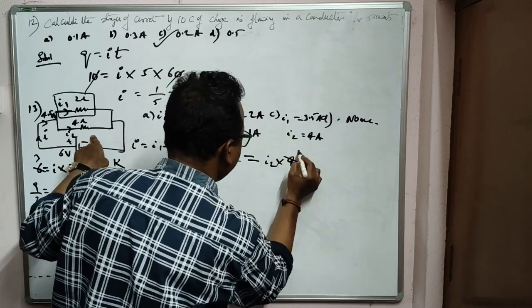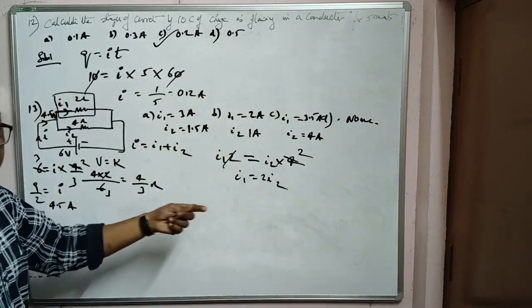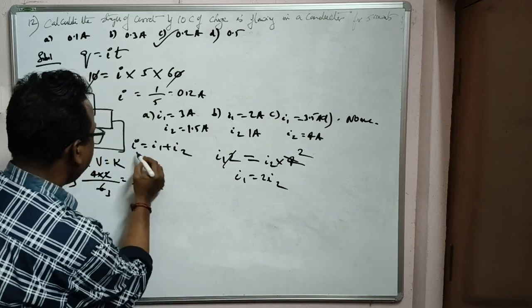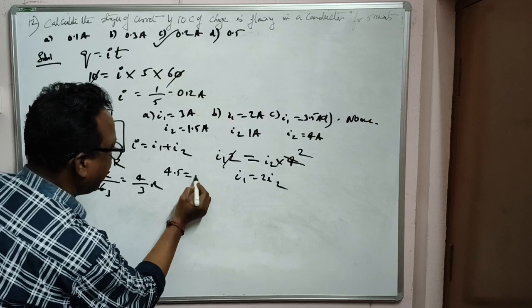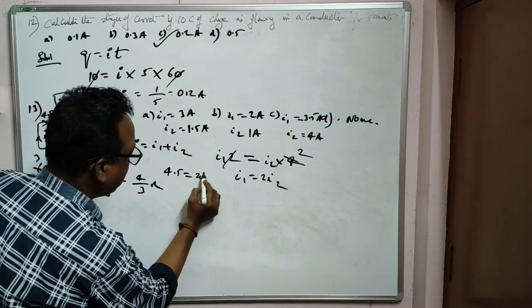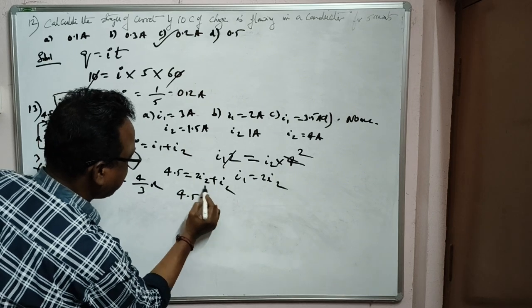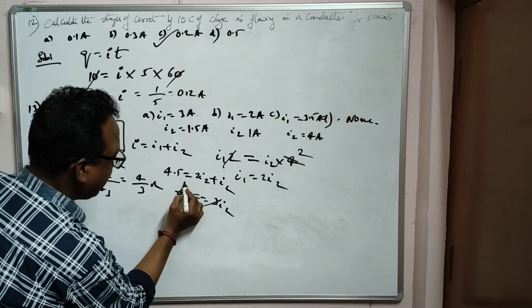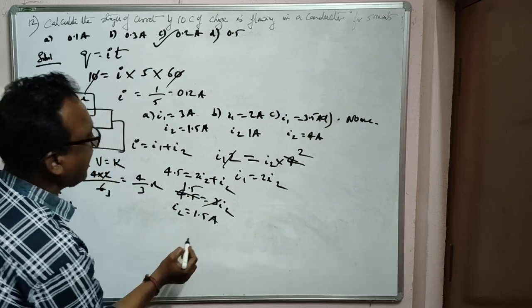So I1 is equal to 2 I2. But I is I1 plus I2, and our total current is 4.5. So 4.5 is equal to 2 I2 plus I2, that is 3 I2, so I2 is equal to 1.5 amperes.